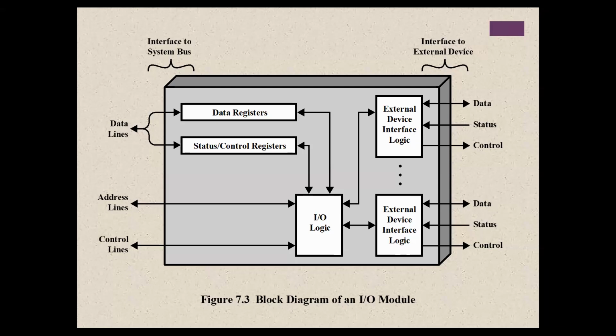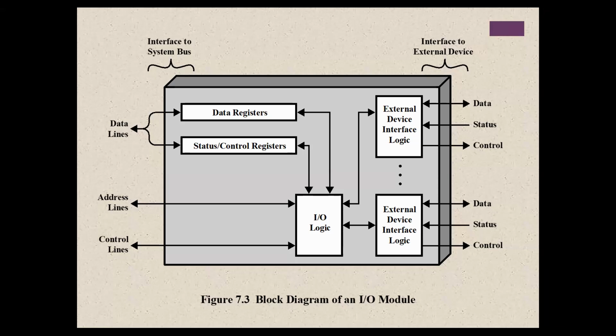An I/O module functions to allow the processor to view a wide range of devices in a simple-minded way. So there is a spectrum of capabilities that may be provided.